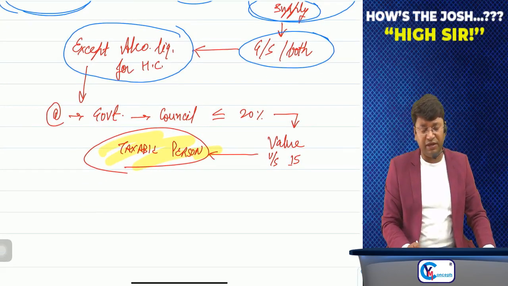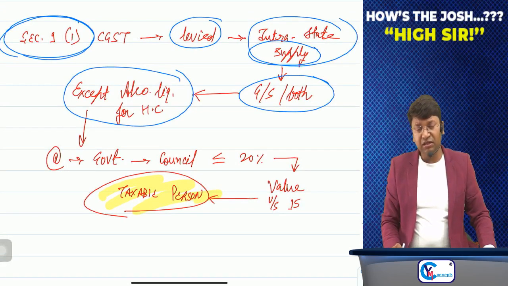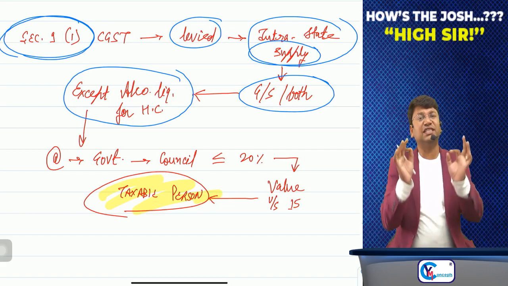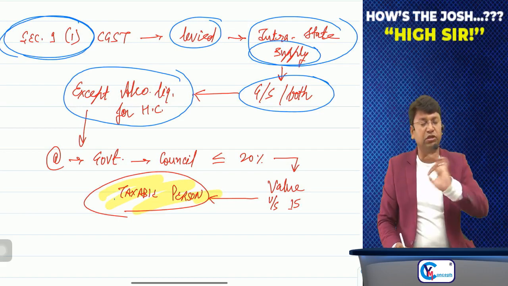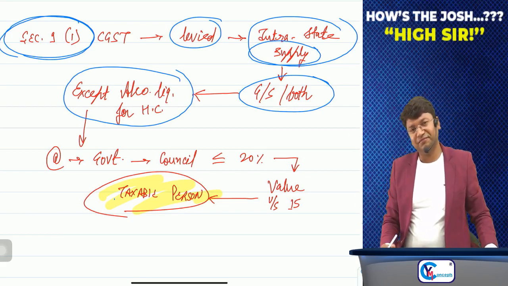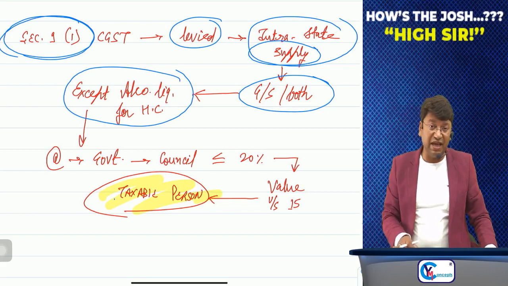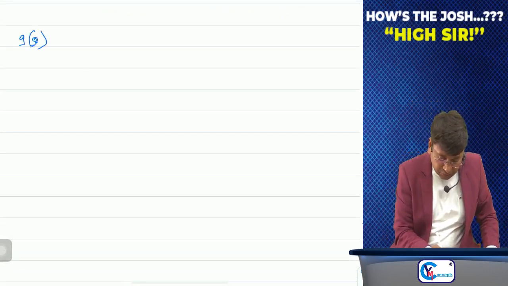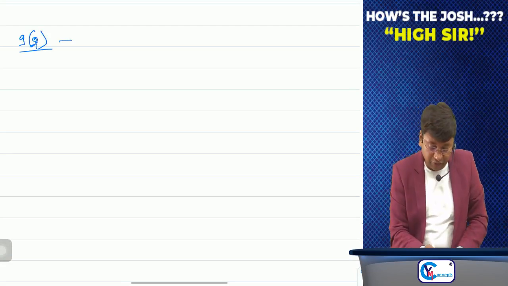At the rate notified by the government on the recommendation of the GST Council, but not more than 20% of what? Value of such goods or service or both, and it shall be payable by a taxable person. This is full stop, done. Sir, this is charging section which says that GST will be levied on supply. Clear? This is section number 9, subsection 1. Now section number 9. Subsection 2 says that 5 goods.